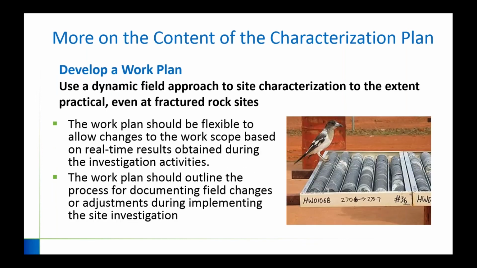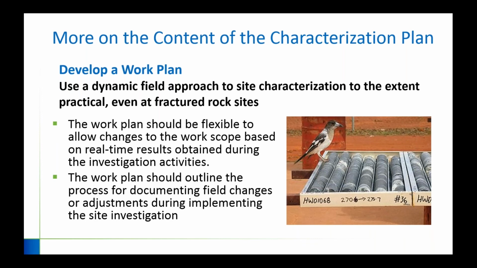The other thing that the plan should have, if you're using this dynamic approach to data collection, is that you need to outline the process for field changes. So if you lay out a grid of borings that you're planning to collect, and if you're following our recommendations, you're going to be looking at the data from those borings as you go. You're not going to put in all 40 of them or whatever without looking at any of the results.